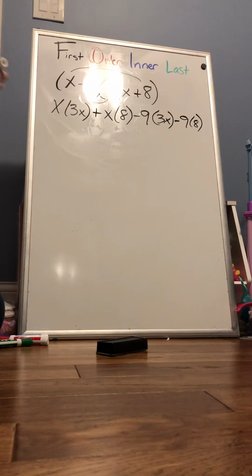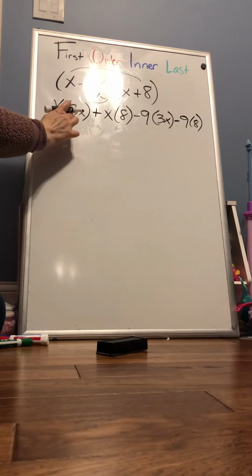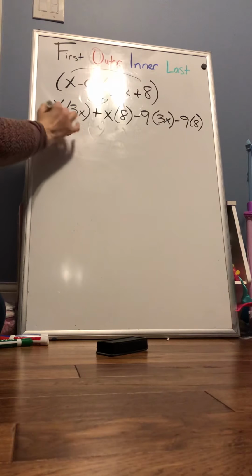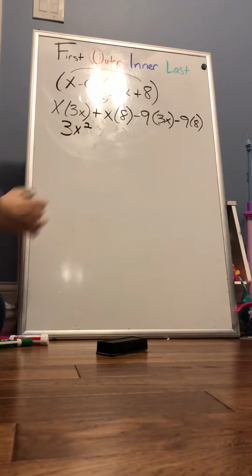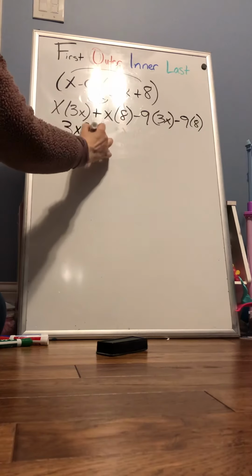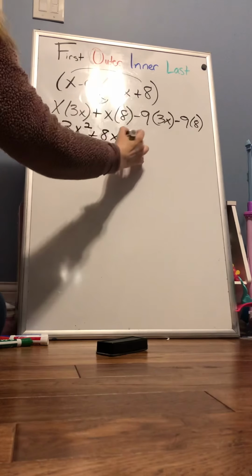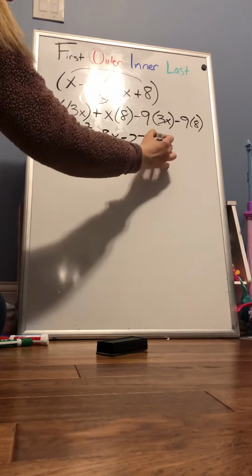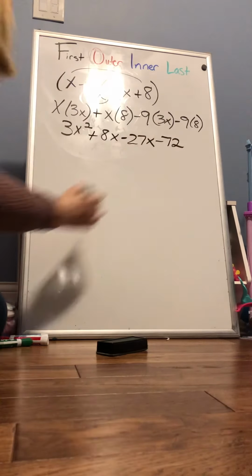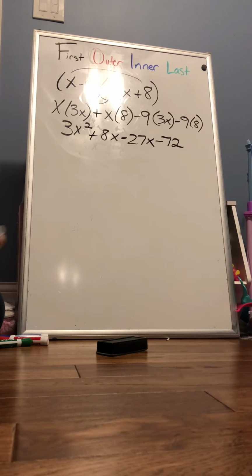Now I go ahead and multiply each part. 3 times 1 is still 3, but x times x is x squared. This would be a positive 8x. This is a negative 27x, and this is a negative 72. Notice, once again, your outer and your inner term, which would be in your middle.